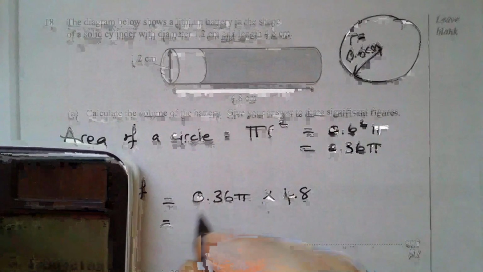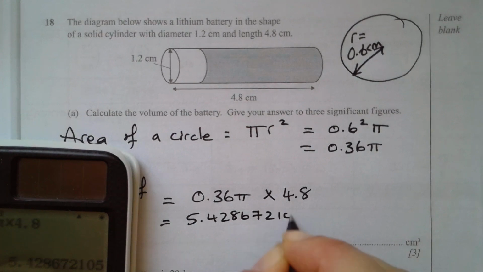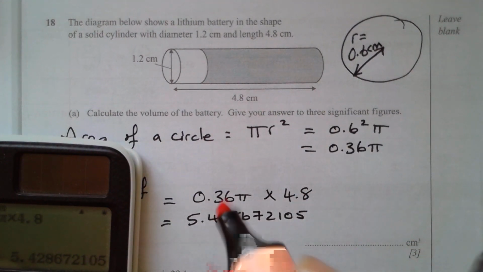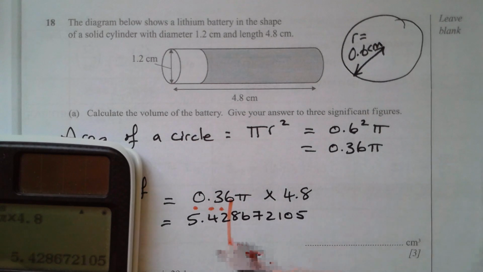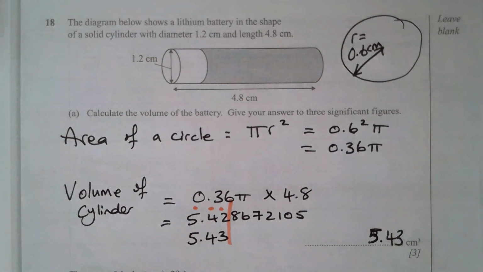Let's write that down. Three significant figures. We're rounding up. Yep. 5.43 centimetres cubed.